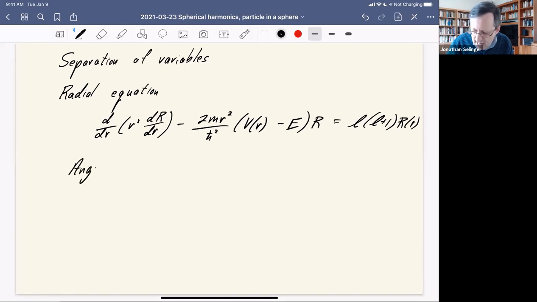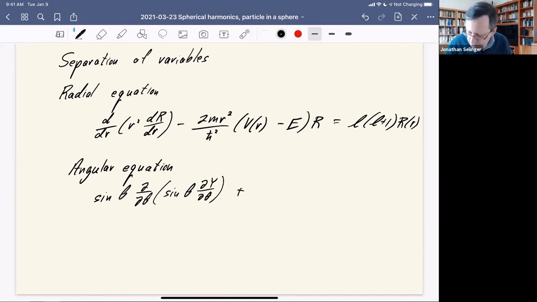And the angular equation is sine theta d by d theta of sine theta dY by d theta, plus the second derivative with respect to phi, is equal to negative L times L plus 1 sine squared theta times Y of theta, phi.